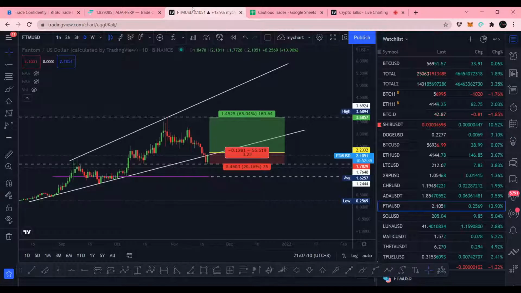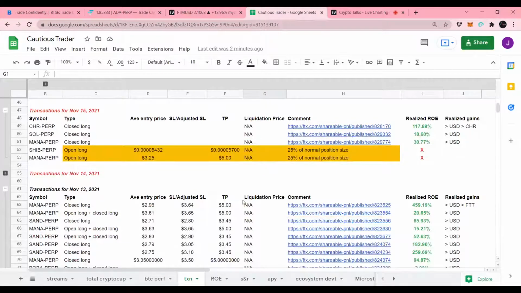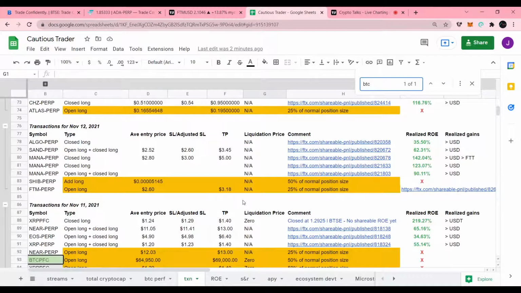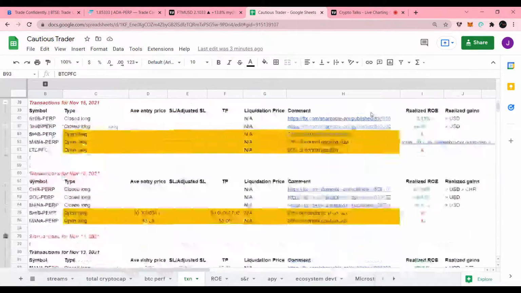Anyway, it's a new position because I closed that and then reopened at 64,950. It's currently 50% of my normal position size.